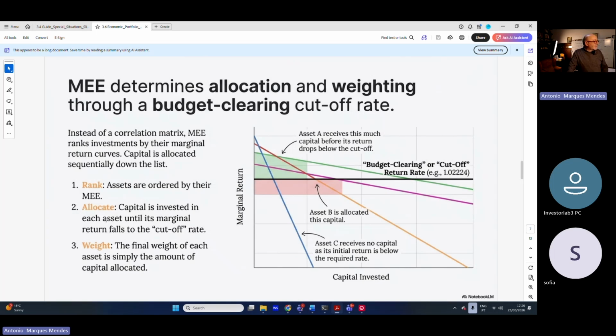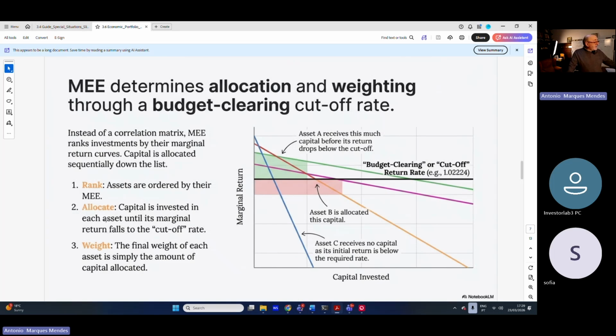And to solve that, of course, we have to solve the so-called budget clearing or cutoff return rate, here expressed as a ratio, not as a rate. So it has to be minus 1 if you want to use rates.